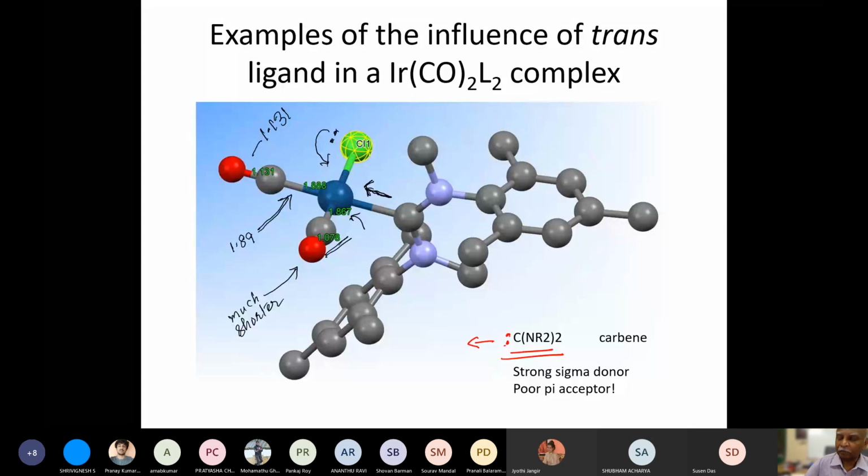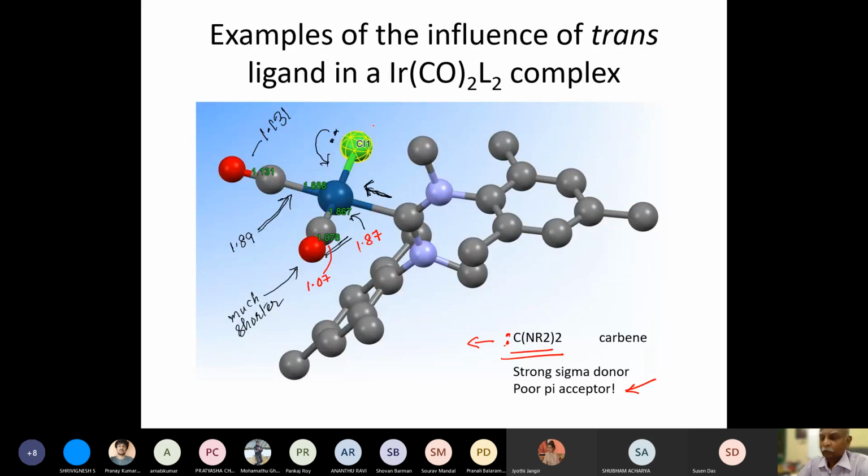Now, just like carbon monoxide, a carbene can also have a pi orbital which is empty, and this is a poor pi acceptor compared to carbon monoxide. If I look at the distances, I have written them out.